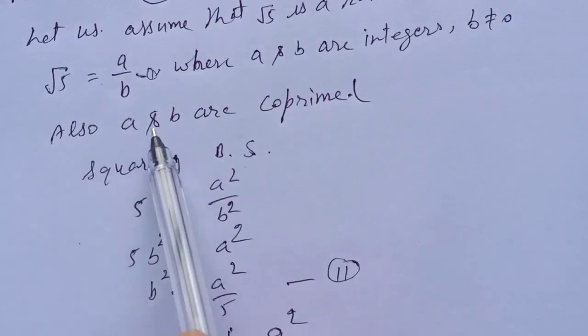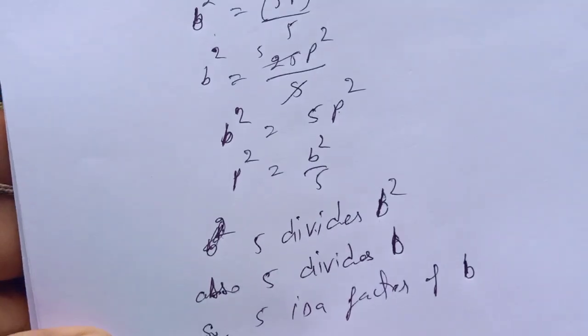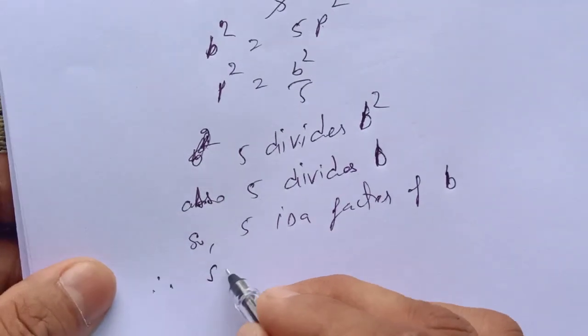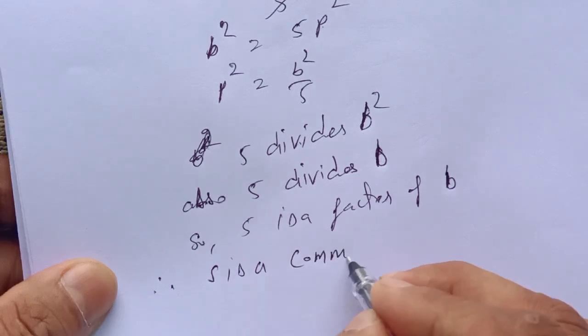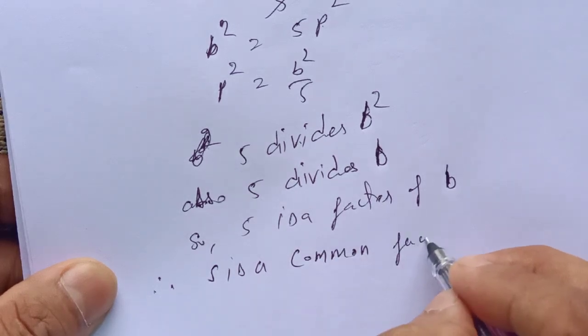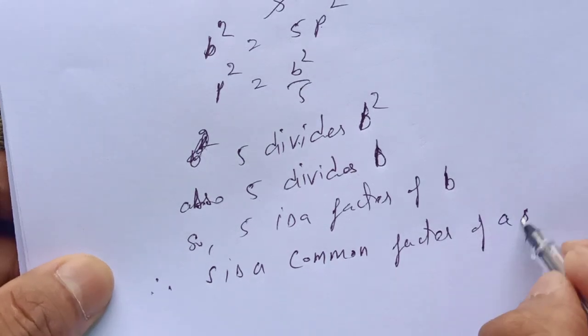But we said that a and b are co-prime. Therefore, 5 is a common factor of a and b.